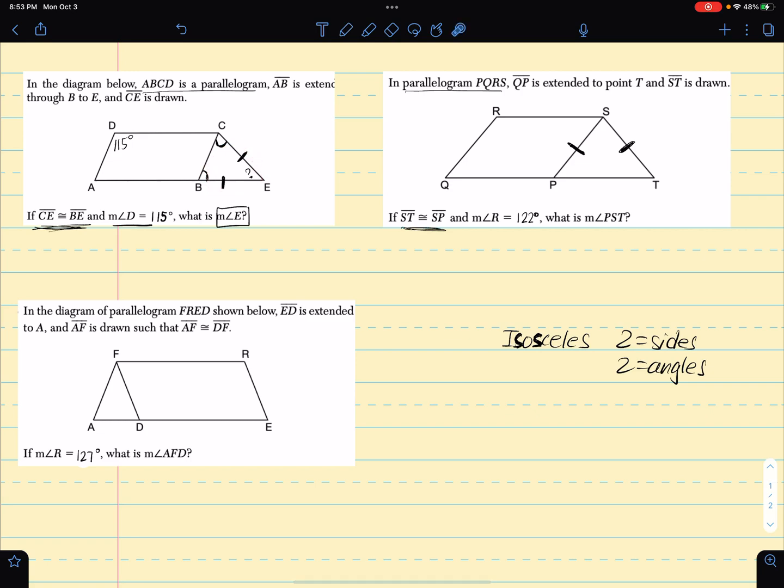Notice that this picture is different from the last one because I have to follow the order of what the problem says. Here it says measure of angle R is 122 degrees. What is the measure of angle PST? So this is the question mark.